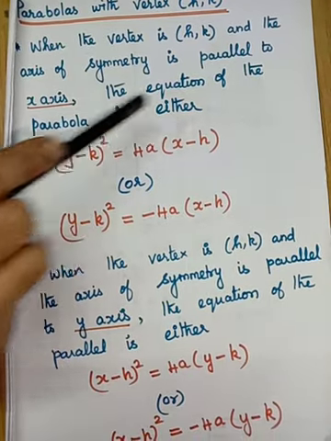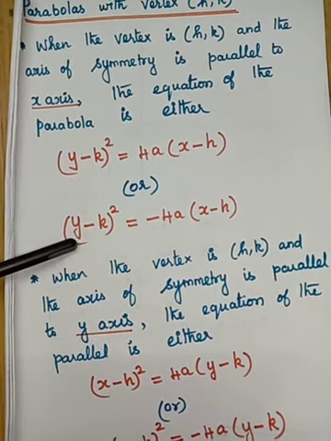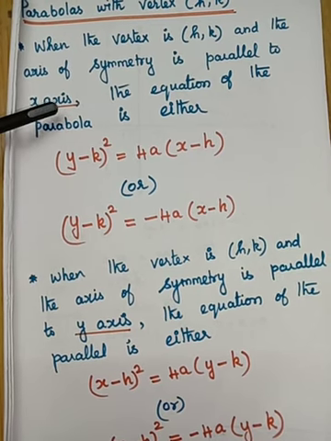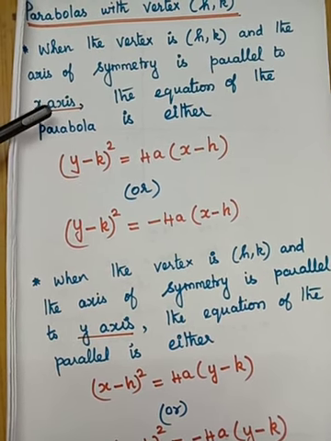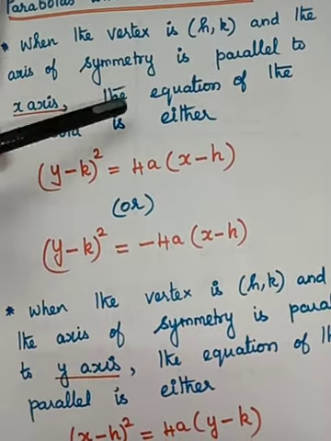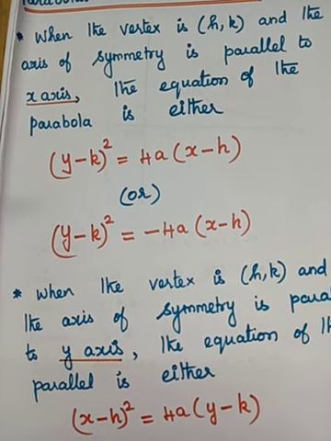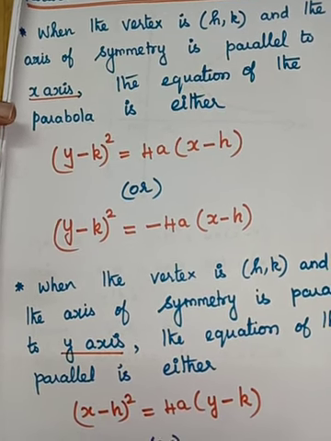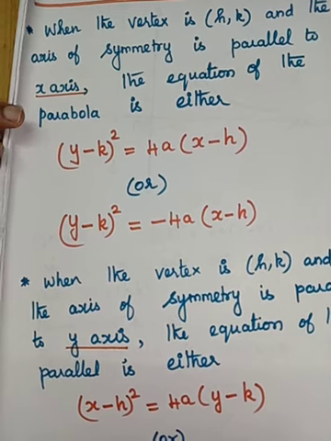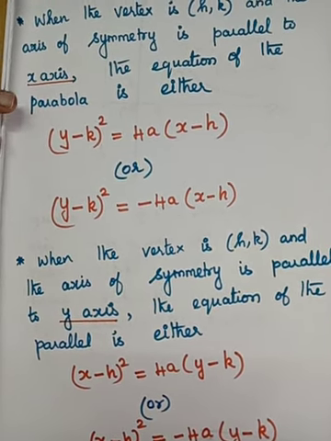Okay, the equation of the parabola may be in any one of two forms. If the axis of symmetry is parallel to the x-axis, the two types of parabola are y squared is equal to 4ax or y squared is equal to minus 4ax for the vertex 0, 0, isn't it?